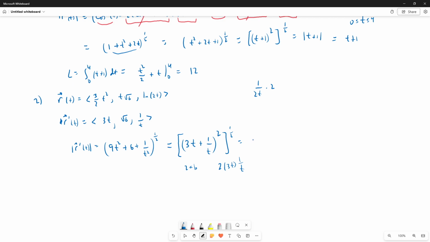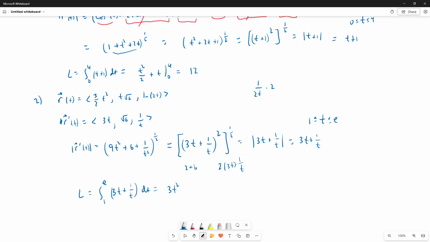And this is the absolute value of 3t plus 1 over t. t was between 1 and e, so this is positive. So this is equal to 3t plus 1 over t. So our length is the integral from 1 to e of 3t plus 1 over t dt.